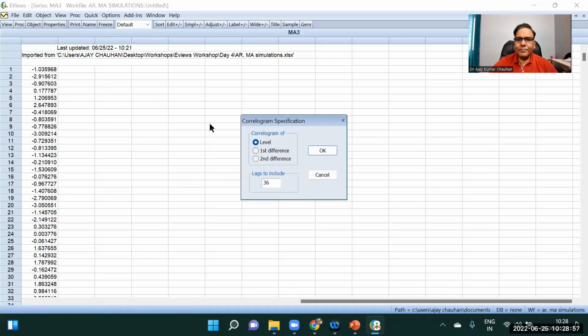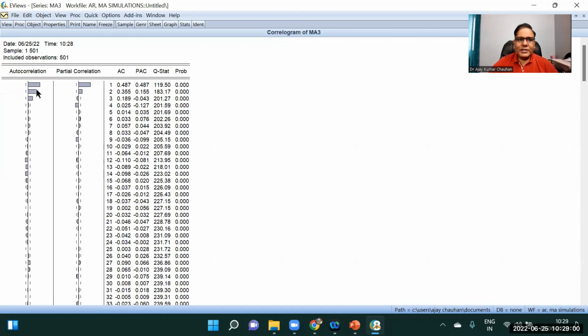You can see that there are three spikes significant in this. So how many MA terms do we have to include? 3. So autocorrelation will tell you how many error terms we have to include in the model. Partial autocorrelation will tell you how many AR terms we have to include in the model. So like this, we decide AR terms and MA terms.